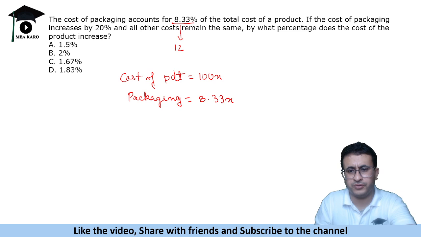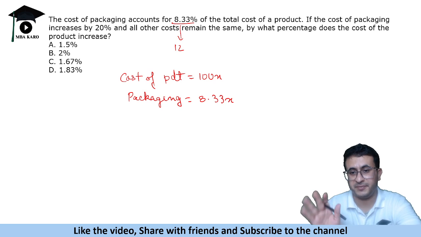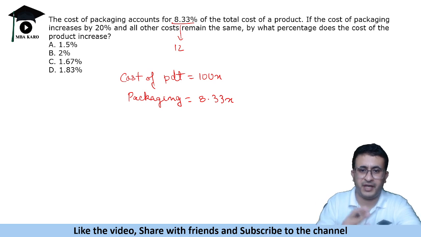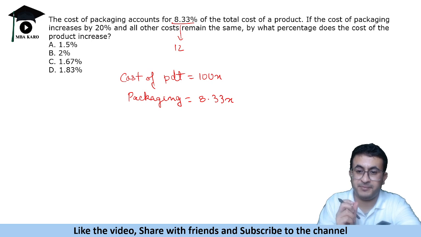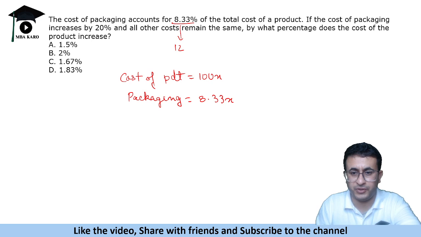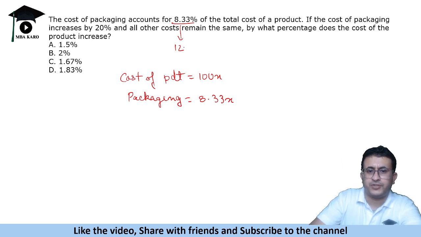This is what people do, right? If you do it this way, that means that you are already behind most of the serious aspirants. The multiplication factor is a very important thing that one must know, and if you know this and utilize it, then you are way ahead of most of the average aspirants. So the multiplying factor is like 8.33% is 1 by 12.